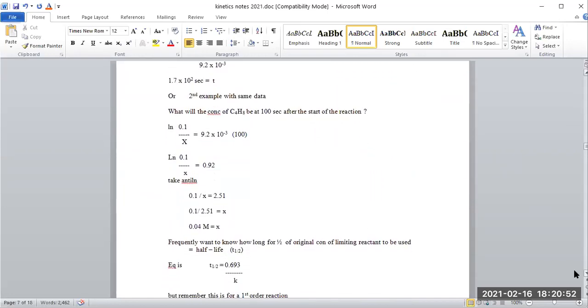So it makes quite reasonable sense to look at my value there and go, oh yeah, I only let it run 100 seconds instead of 170 seconds. So the value of what's left is not quite as low as if I had let it sit there and do its thing for a lot longer. So 0.04 molar. Think about the realities of this. All of these are based upon real reactions. They do have to obey the laws of reality.